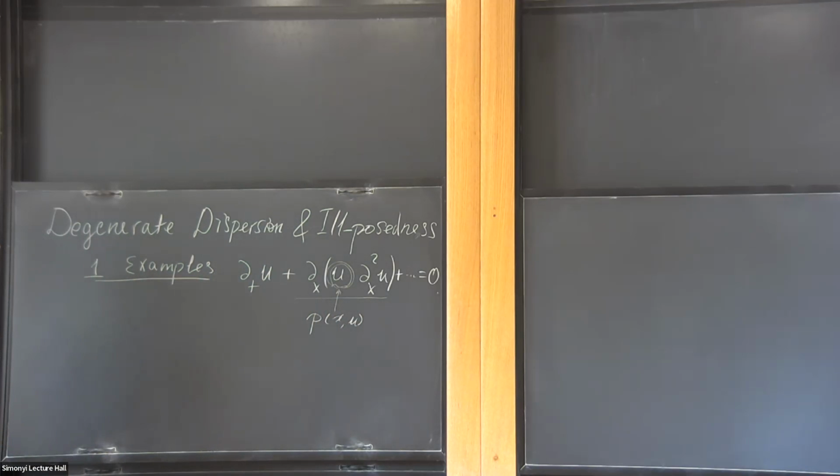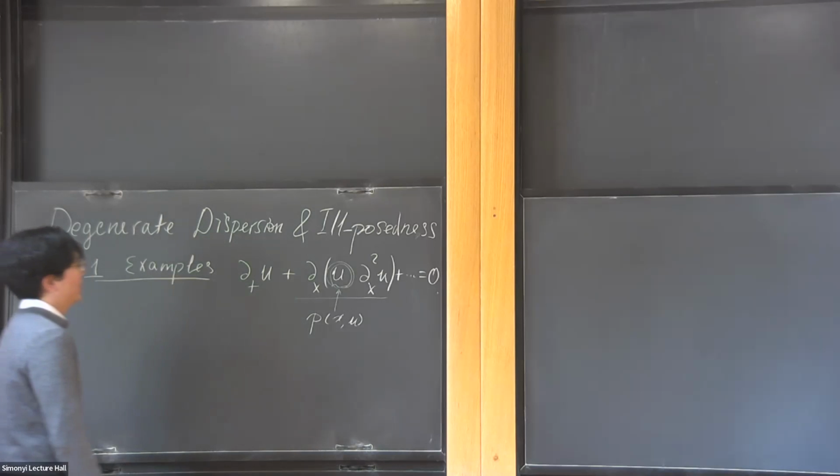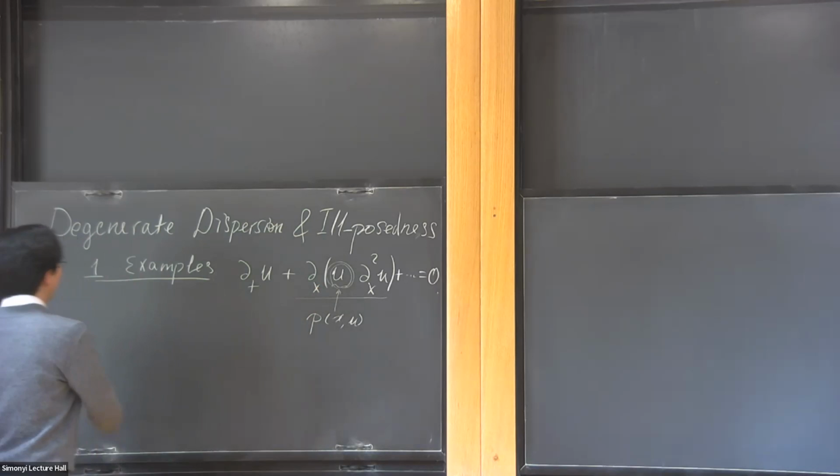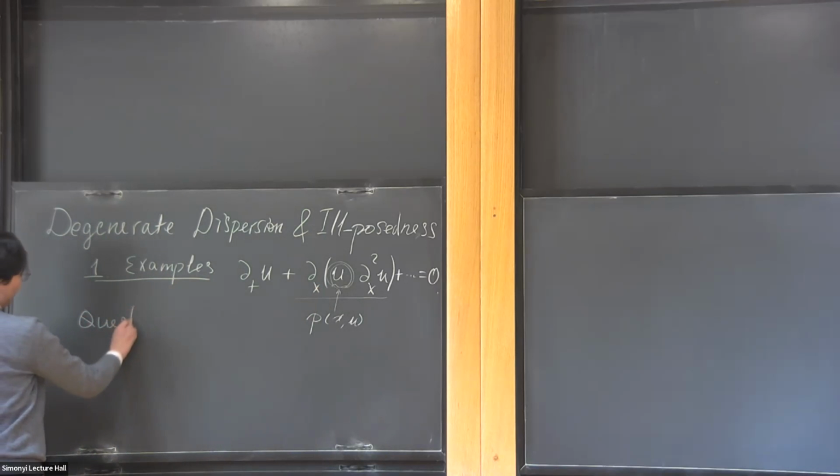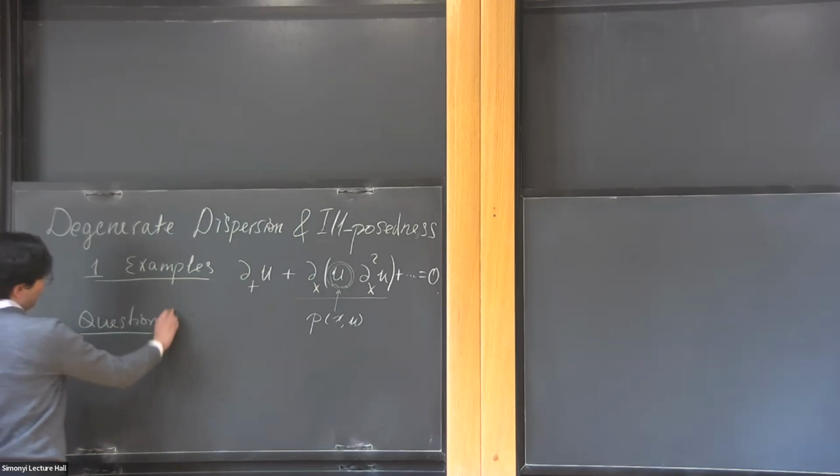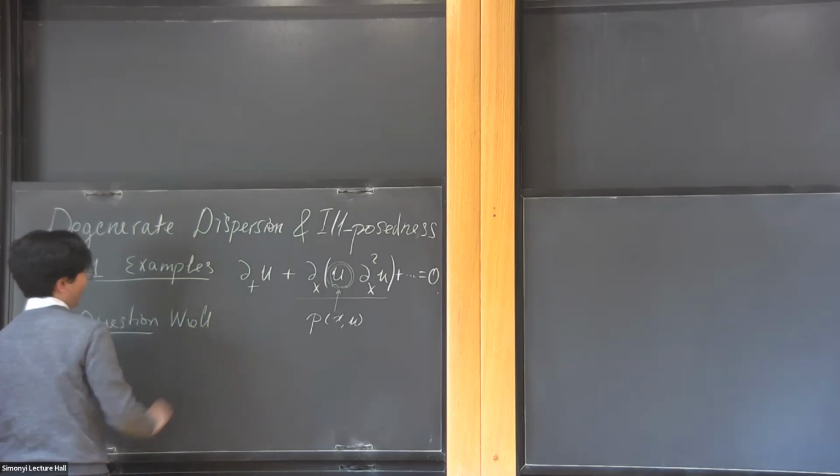Okay, so the very basic question is well-posedness in the case of degenerate dispersion. Even local well-posedness.